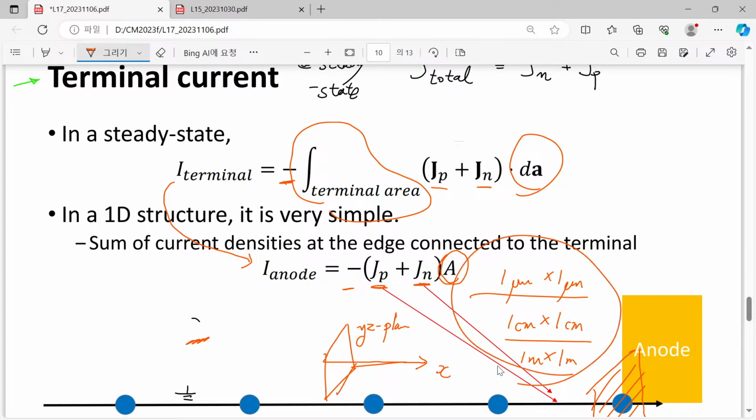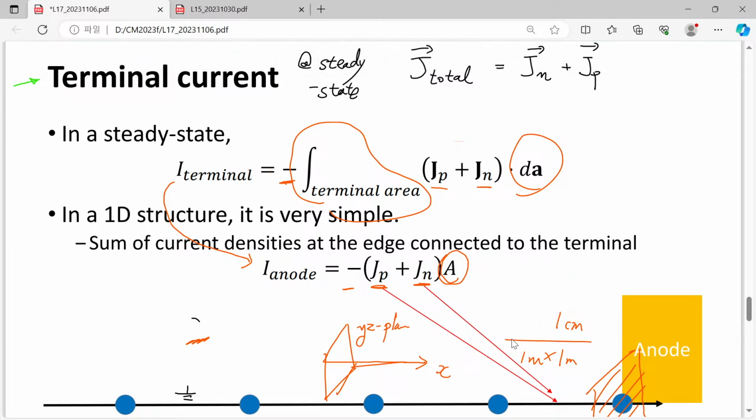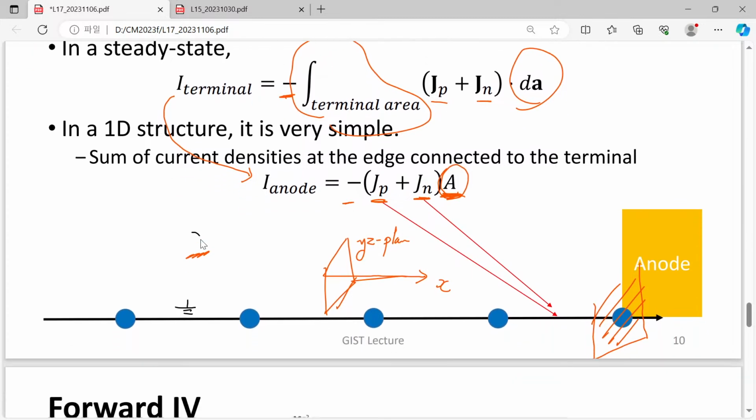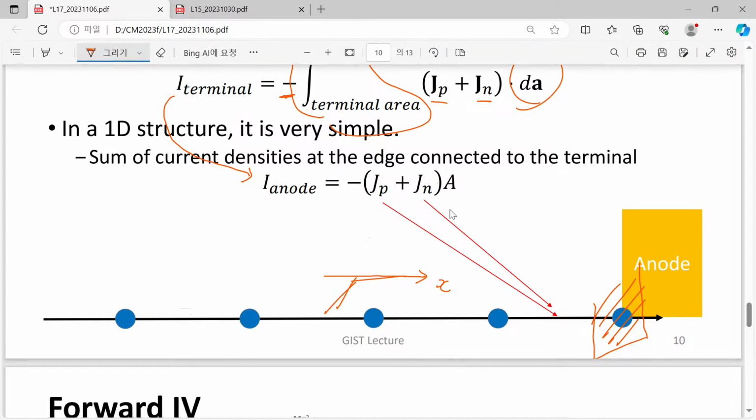This is your choice. When you change your cross-section area, your area value will be increased, so your terminal current itself will be increased. However, that doesn't change the terminal current per unit area, because your terminal current is simply multiplied by your area.